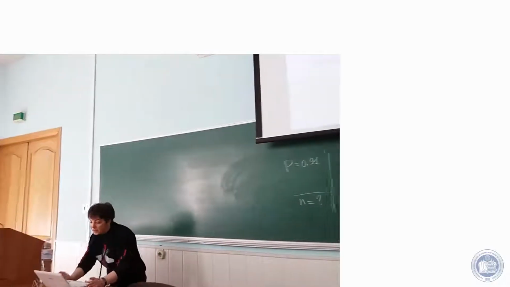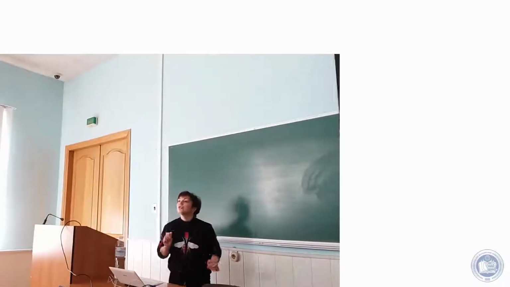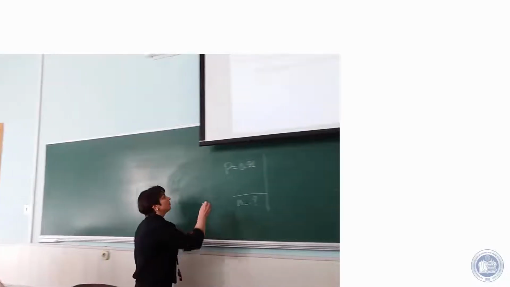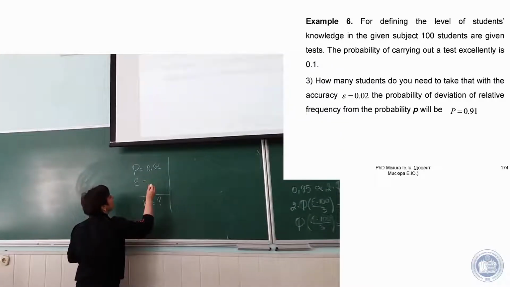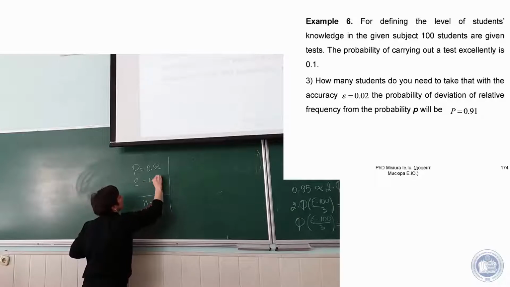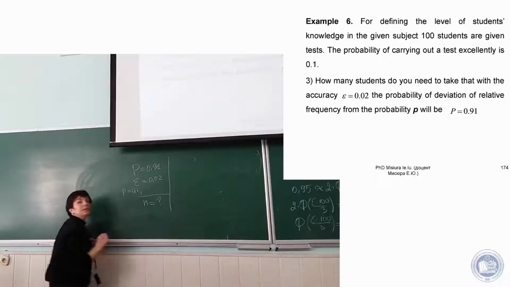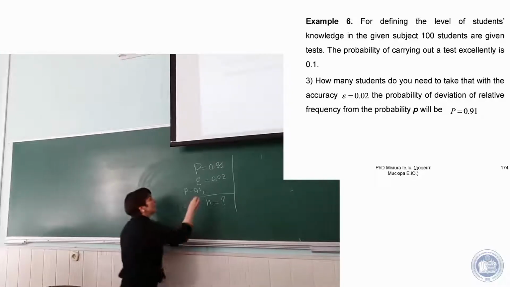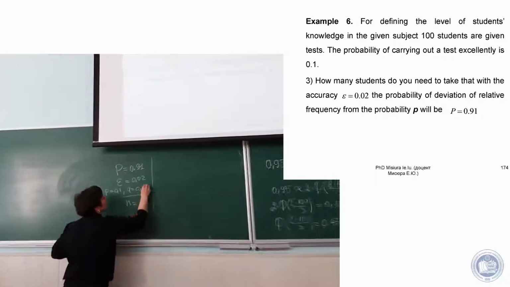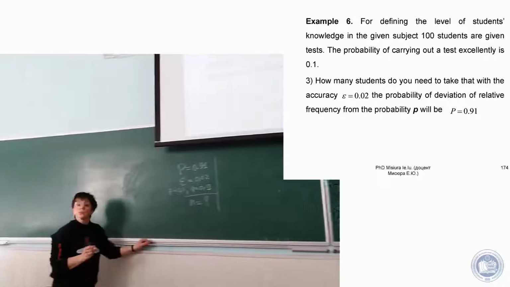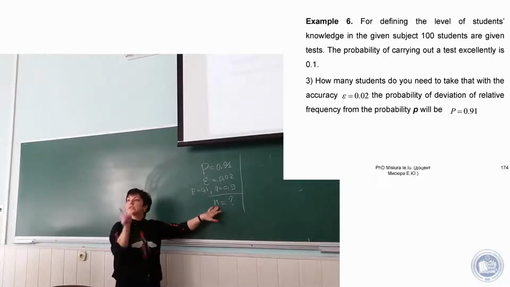Okay. Let's continue. Students, do you know epsilon? Epsilon equals 0.02. Okay, you know little p. Yes, it's 0.1. It means q equals 0.9. Correct or not? Okay, number of students is unknown.